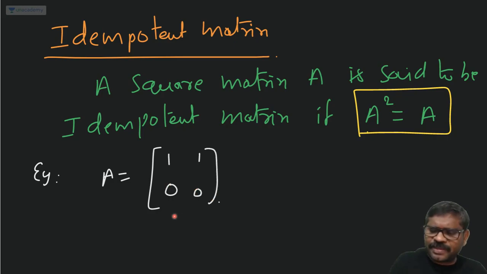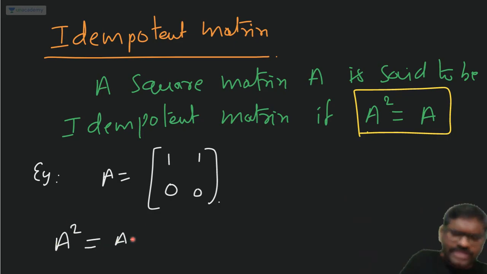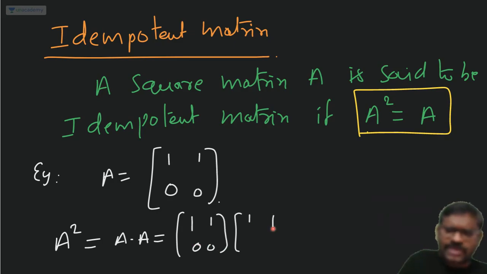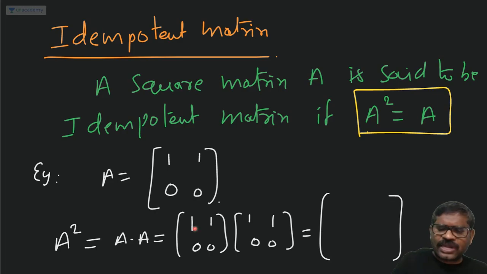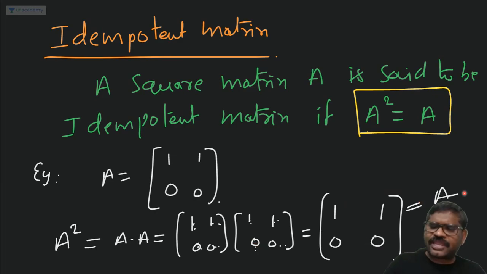Multiply A with A: A square equal to A into A. 1 1 0 0 multiplied with 1 1 0 0. The result: 1 plus 0, 1; 1 plus 0, 1; 0 plus 0, 0; 0 plus 0, 0. That is 1 1 0 0. Again, you got A. If A square equal to A, then the matrix is known as idempotent matrix.